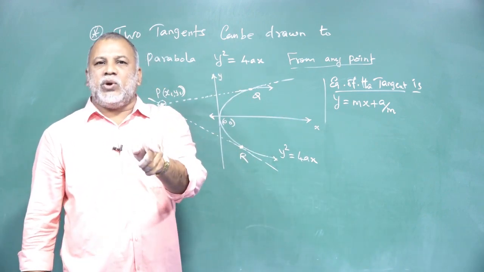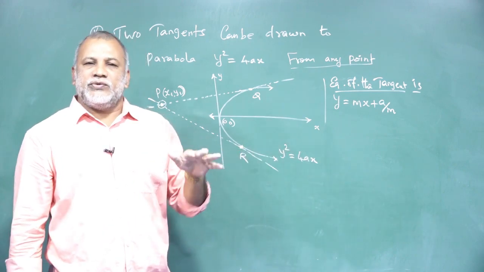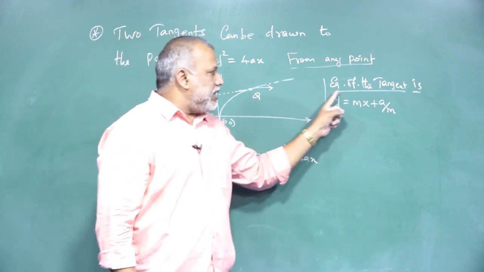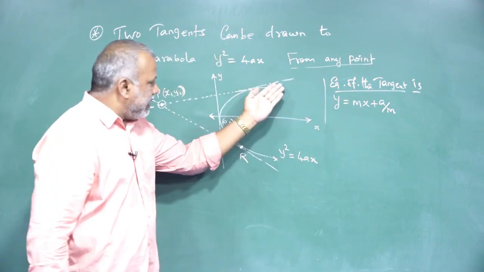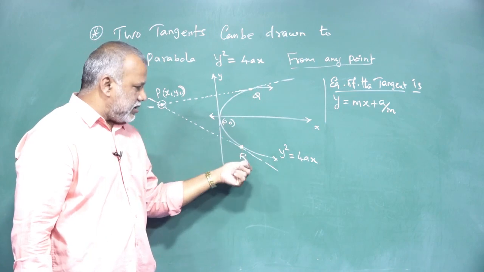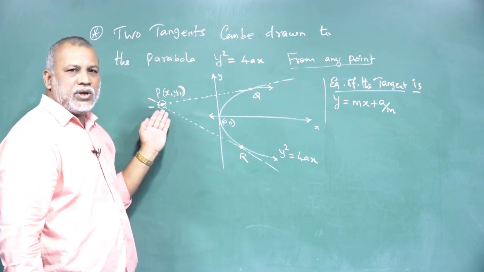The condition for the line y equal to mx plus c to be a tangent to the parabola, we already worked out that condition. So the equation of the tangent is y equal to mx plus a by m. See, this is also a tangent. Consider this tangent passing through the point x1 comma y1.